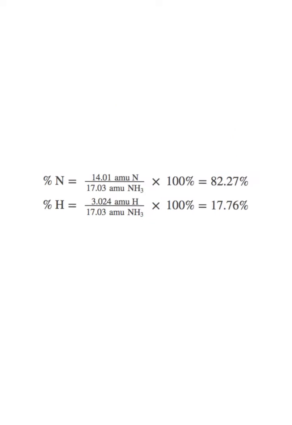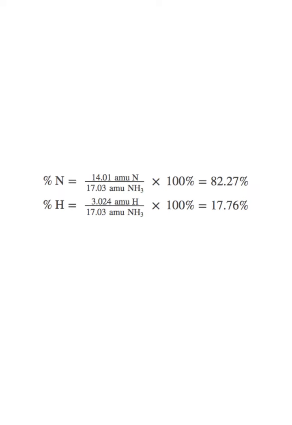In ammonia, there is one nitrogen, which is equal to 14.01 AMU according to the periodic table. There are also 3 hydrogens, which 3 times hydrogen's AMU is equal to 3.024. From the process of constructing the molecular mass, we can see that there is a total of 17.03 AMU in ammonia.